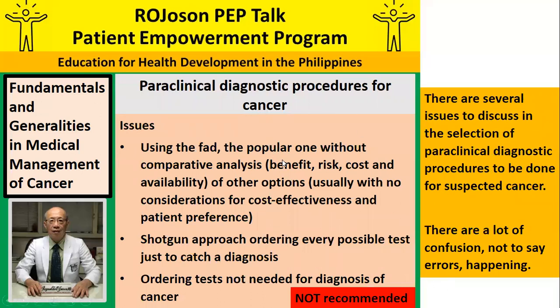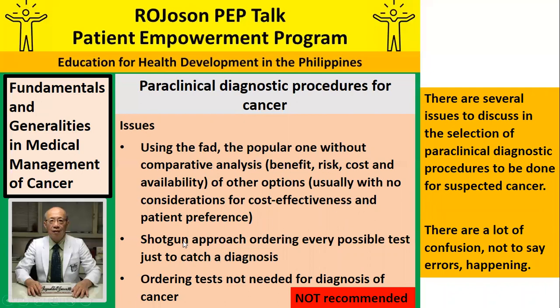The first issue is using PAD, the popular paraclinical diagnostic procedure, without comparative analysis in terms of benefit, risk, cost, availability of the other options, usually with no consideration of the cost effectiveness and patient preference. So this is not recommended.